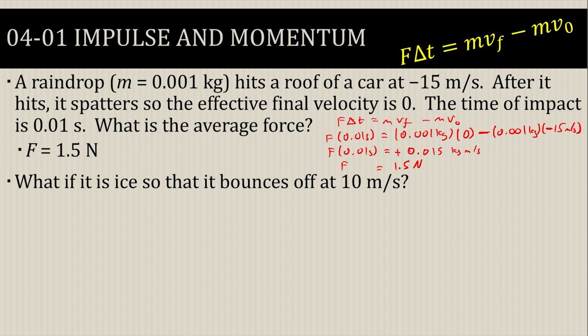But what if it's ice, so it bounces off at 10 meters per second? All right, let's do the same thing. Now, I'm going to bet that with ice, like a little hailstone, there's going to be a shorter collision time. Well, let's assume that it's the same collision time. I'm going to bet that a hailstone has more mass than a raindrop too, but we're going to say it's the same.